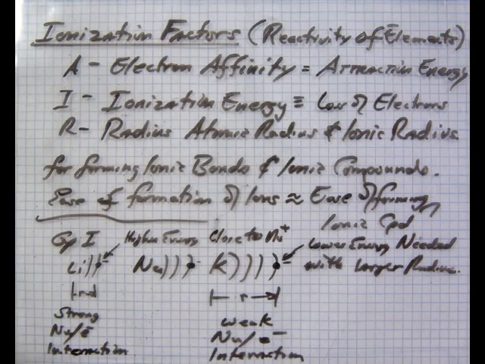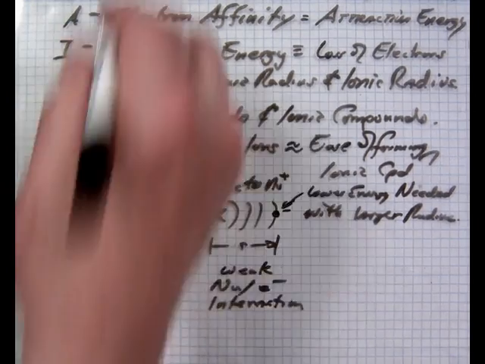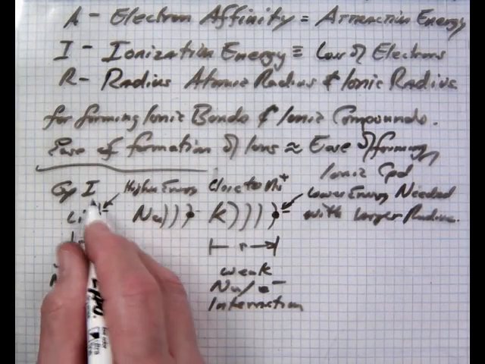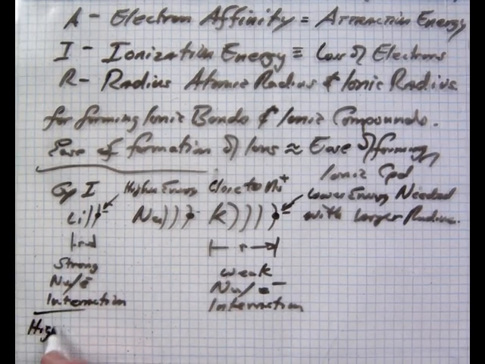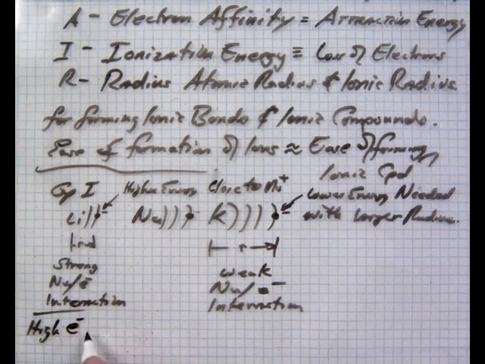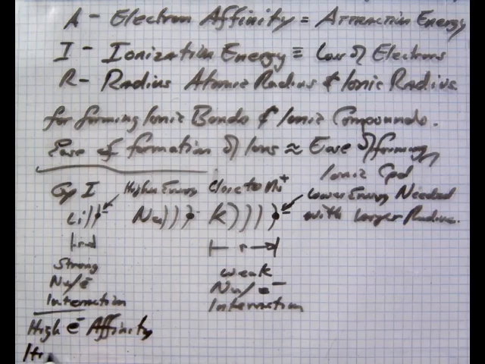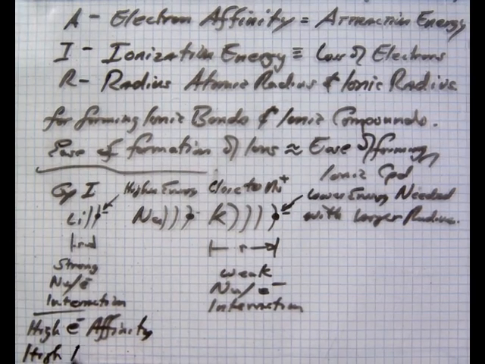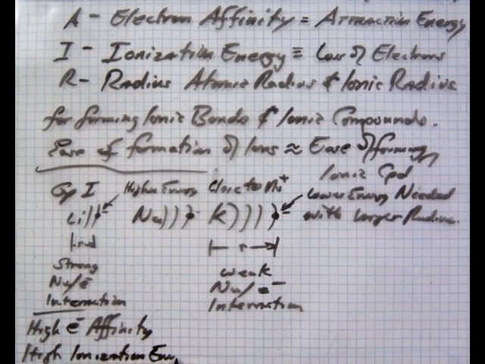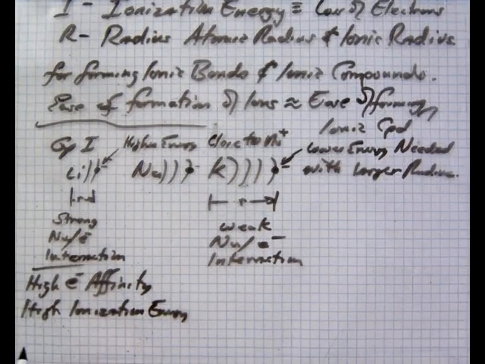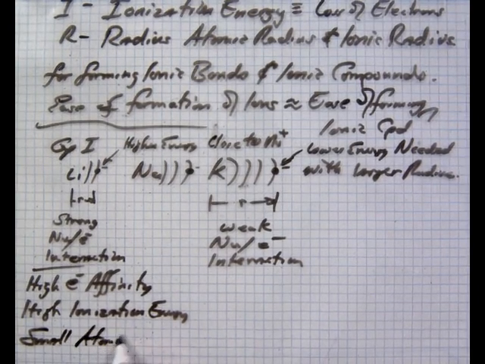And so we couch these in terms of these three issues up here. We say that the electron, while it's in this orbital, is associated with a high electron affinity, a high ionization energy, and that relates to a small atomic radius.